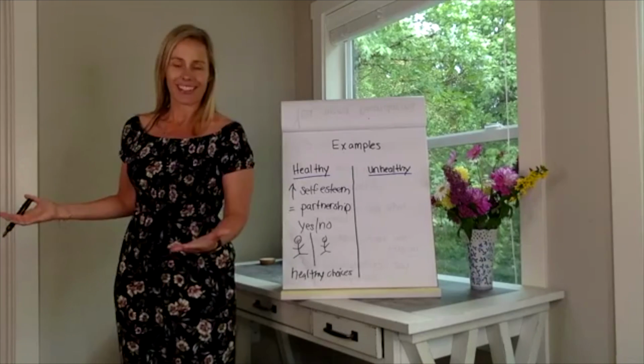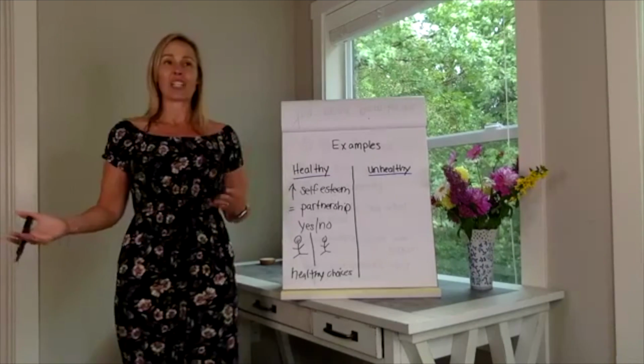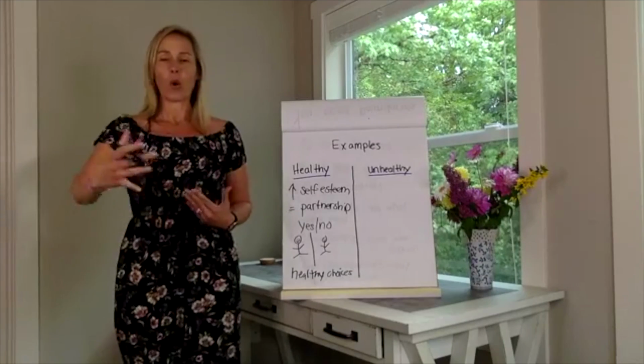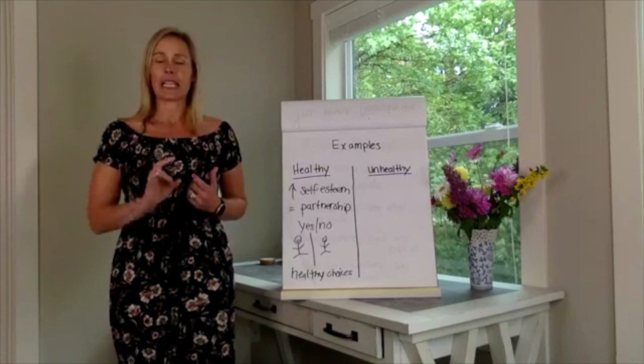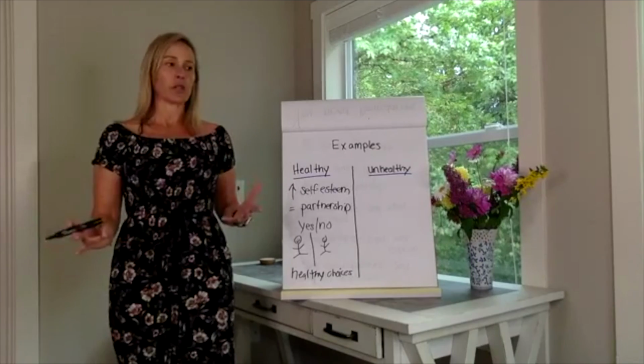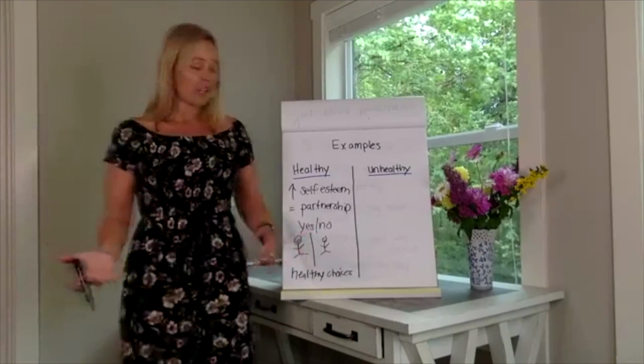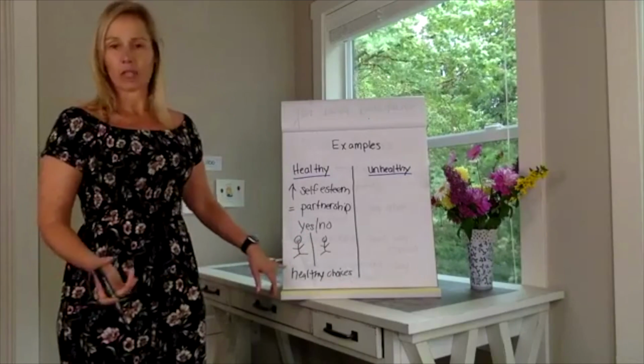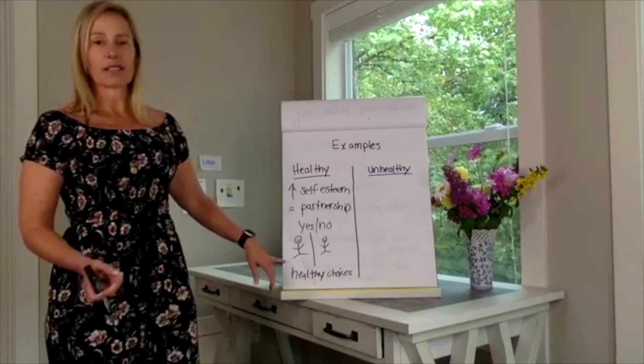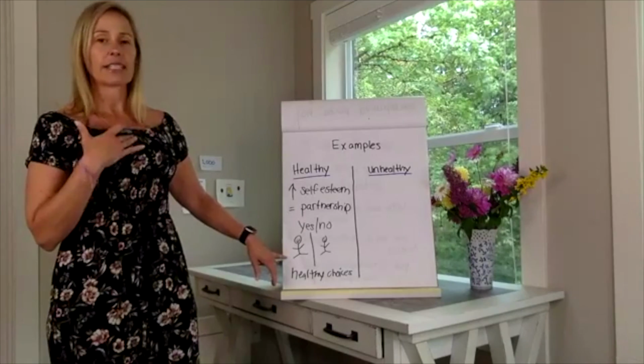Obviously right now it's not. But is it a healthy choice for you to work 15 hours a day? Is it a healthy choice for you to, for example, have the birthday cake? You decide. You're making the choice that's healthy for you, not what's healthy for someone else. And it feels really authentic to you.